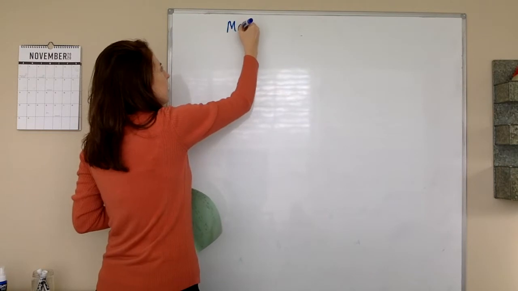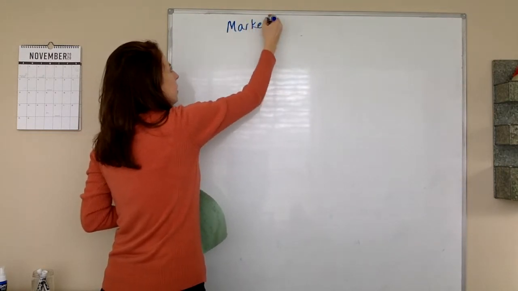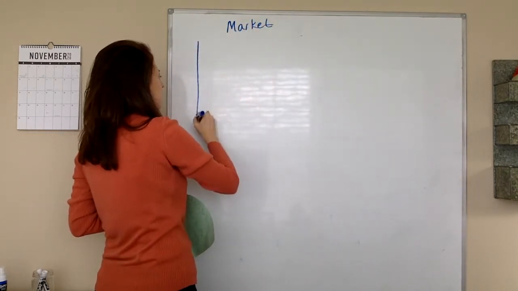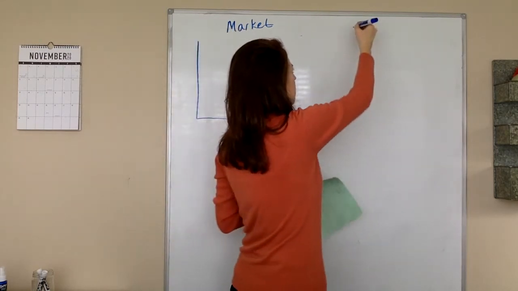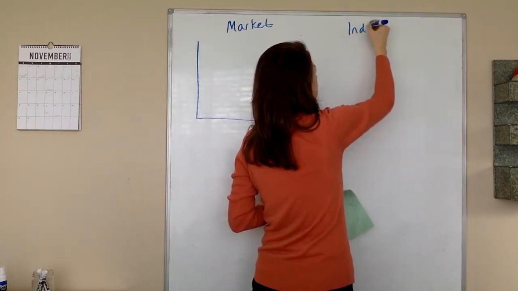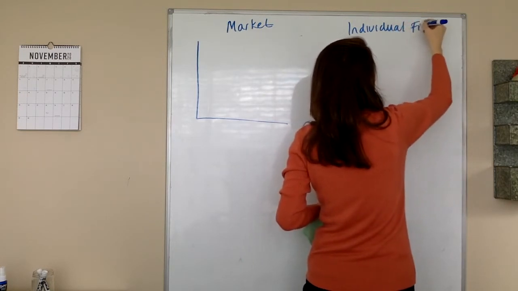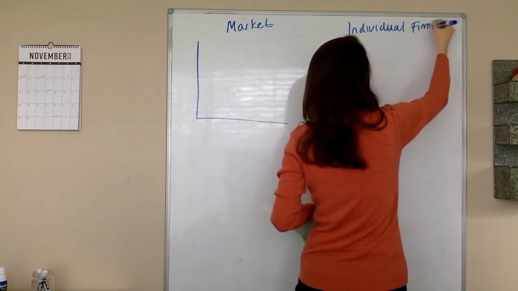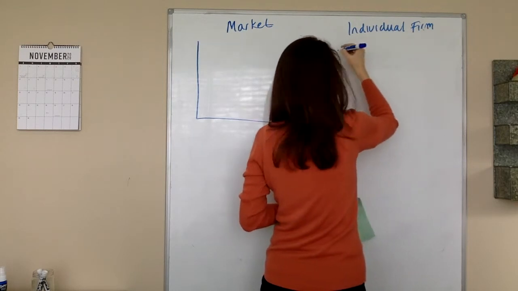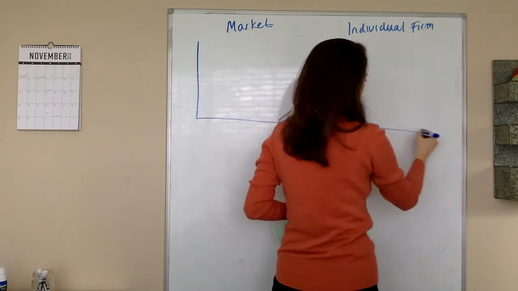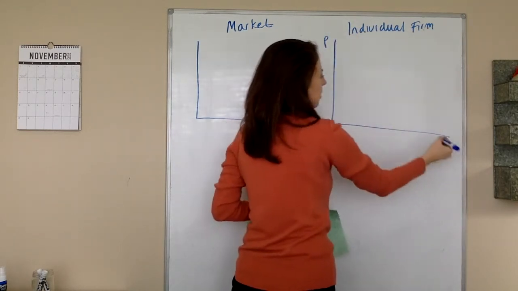So over here, let's label this graph the market. And then let's label this graph the individual firm. Okay, so we're plotting price against quantity.